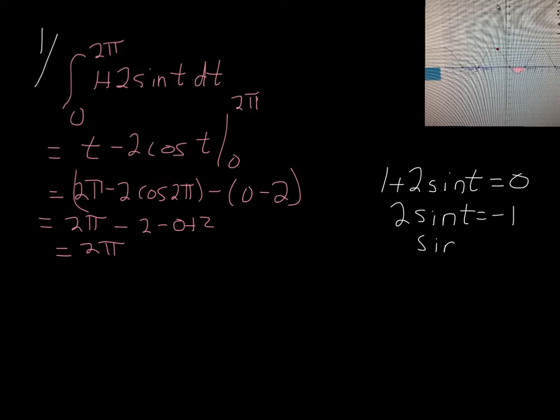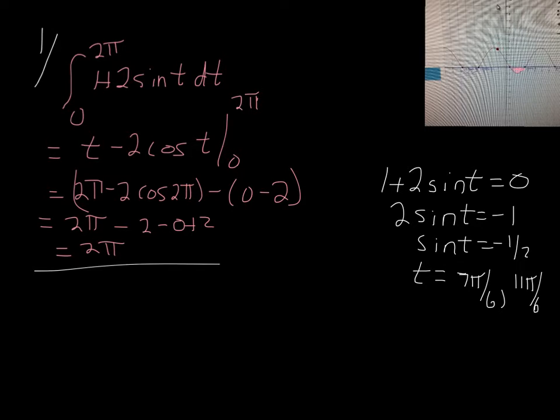So sine t equals -1/2. So t can be, let me see, what would that be? 7 pi over 6, or 11 pi over 6. Those are the two angles that would give you a sine of -1/2.